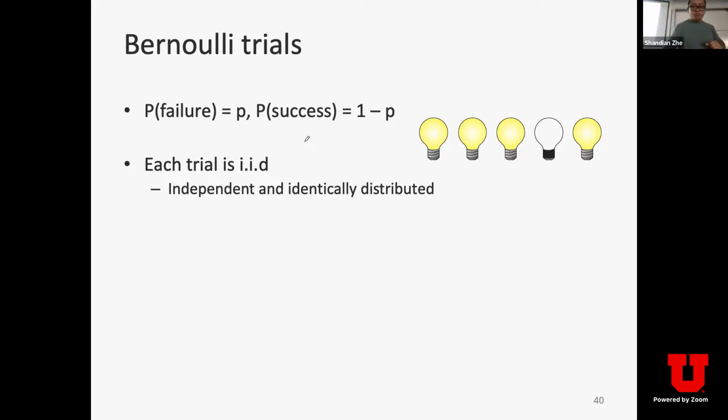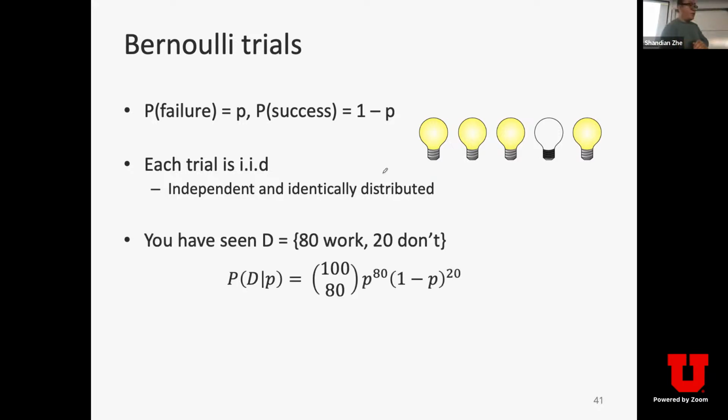And we're doing this set of trials IID, meaning that every test is independently and identically distributed. Then we model the output of each experiment as a Bernoulli distribution. Then if we do it 100 times, what is the probability that 80 work and 20 don't?